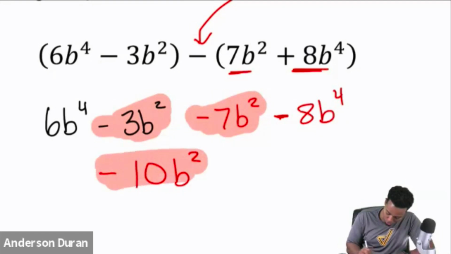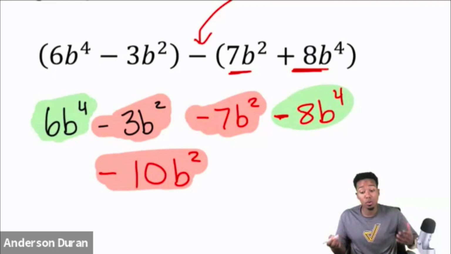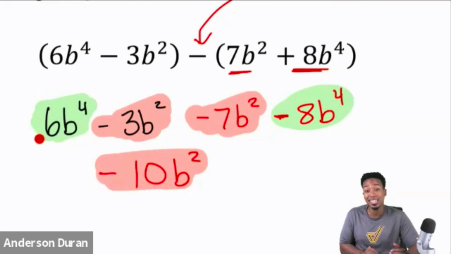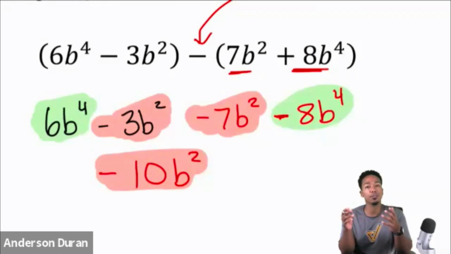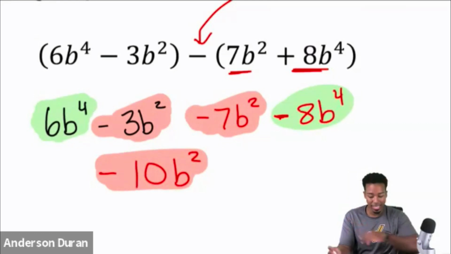That's what results. Now over here, we got our 8b to the power of 4 that's negative, and a positive 6b to the power of 4. So what this is over here is this is 6 minus 8. Remember, when you're taking a difference, just subtract the numbers and keep the sign of the bigger number. So 6 and 8, that's a difference of 2. But because the 8 is bigger, it's negative 2.